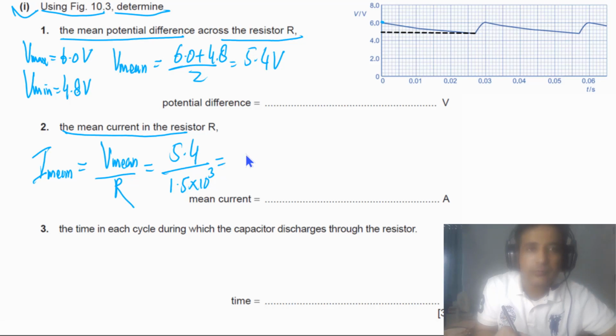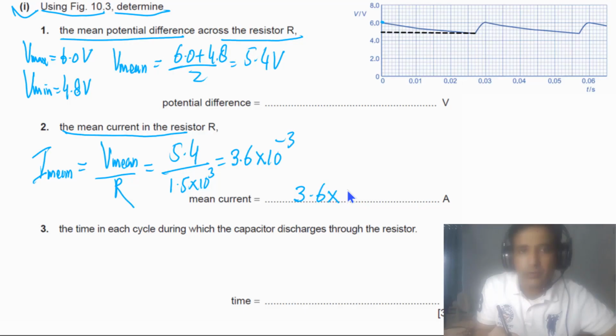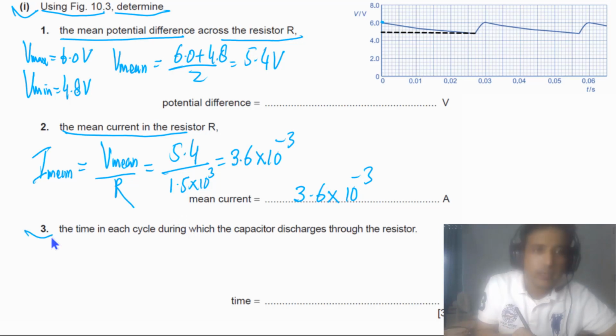If we solve this, we will get 3.6 times 10 to the minus 3 amps. So this is the value of the mean current. And if you go to the third part, the time in each cycle during which the capacitor discharges.